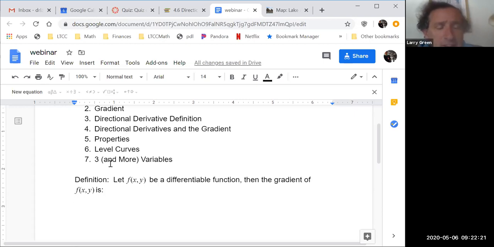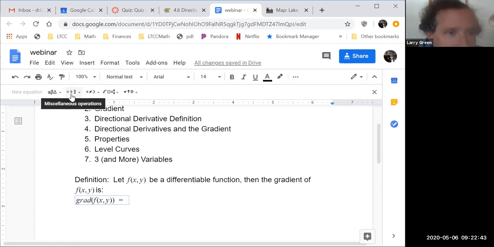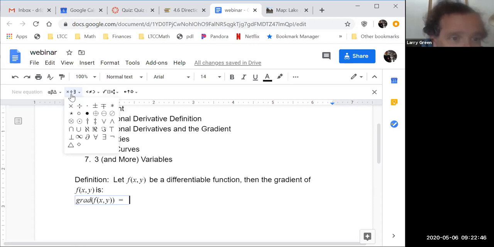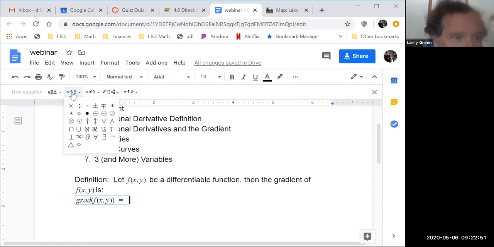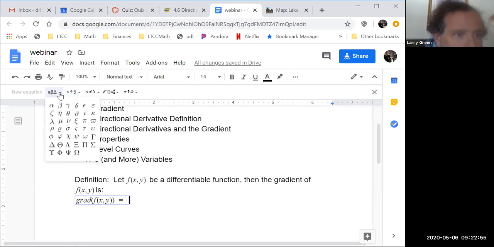and now there are different notations for talking about this. So let me write them out. So sometimes you'll see grad of f of x, y is one notation. Another notation you'll see, and I didn't check ahead of time, I hope I can get it. It's not here. Really? Maybe it's there.